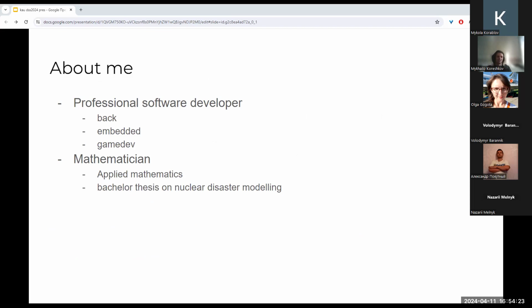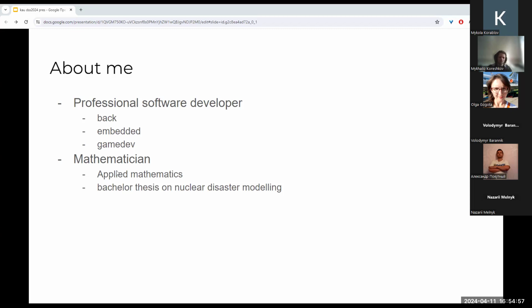Right now I'm studying for a master's degree in theoretical mathematics, focused on numerical methods and how we can apply mathematics. I'm still doing applied mathematics, but to make sure I don't miss anything in pure mathematics, I decided to go to Kyiv Academic University.